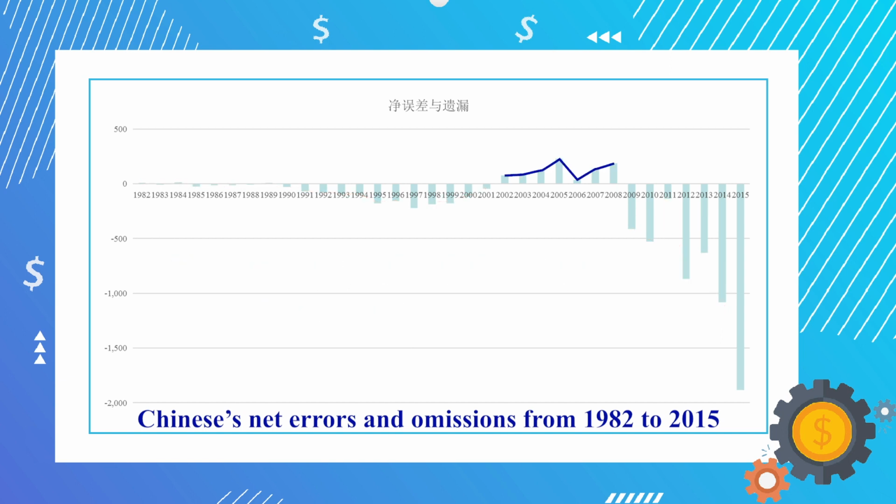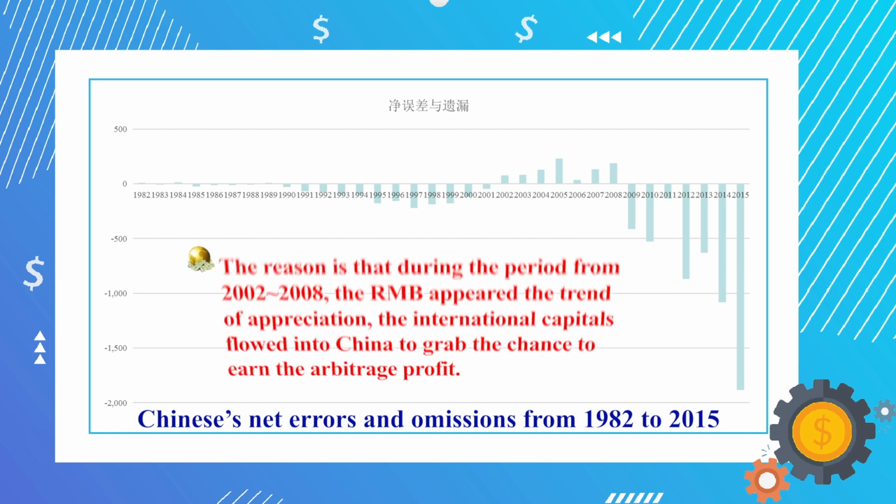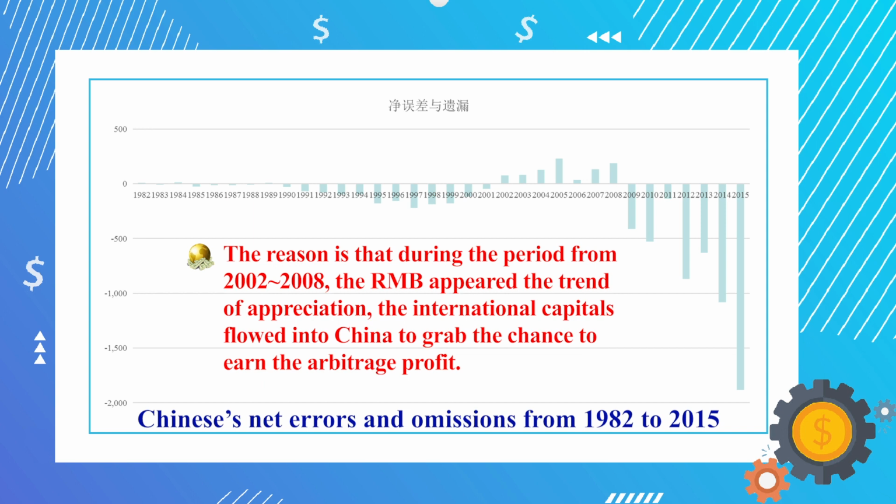Well, during the period from 2002 to 2008, there existed continuous positive net errors and omissions, which means there existed illegal capital flowing into China during this period. The reason is that during the period from 2002 to 2008, the RMB showed a trend of appreciation. The international capital flowed into China to grab the chance to earn arbitrage profit.